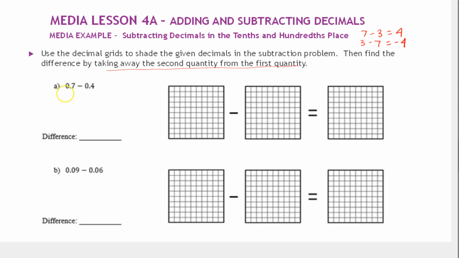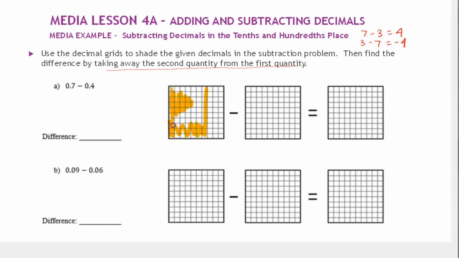So let's start with the first one. We have 7 tenths minus 4 tenths. Here's how we're going to represent this. Just like we did with addition, 7 would be right to here.